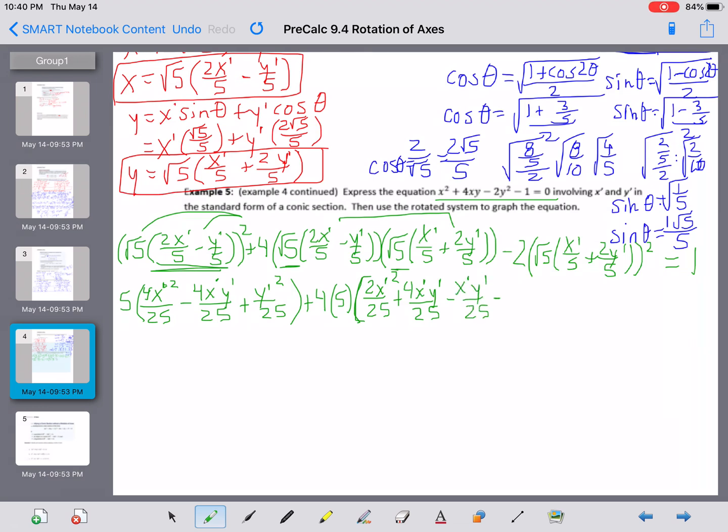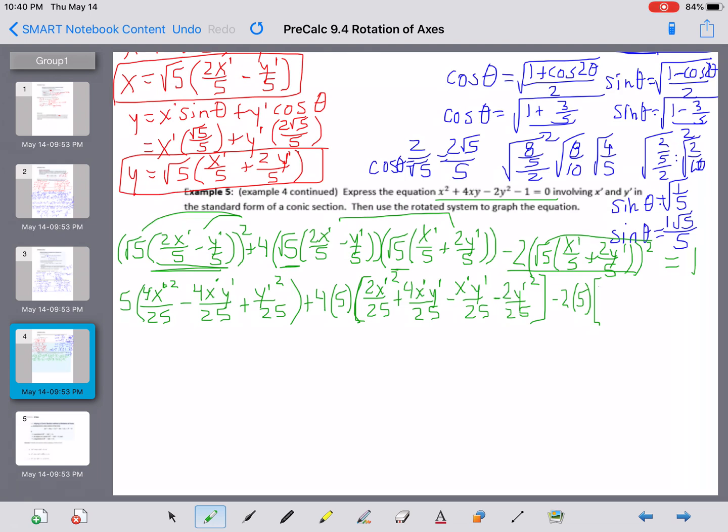All right. Last set back here, that's what I'm on right now. I have a negative 2. Once again, when that radical 5 is squared, it's just going to make a 5. And I'm going to FOIL out this ending binomial here. So I'm going to get an x prime squared over 25.